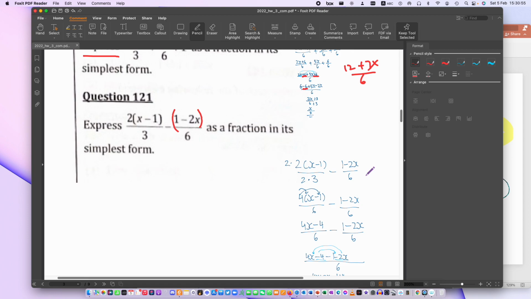I'm going to fill up some... So when you have the bracket, when you open the bracket, show me the arrow. Last step.